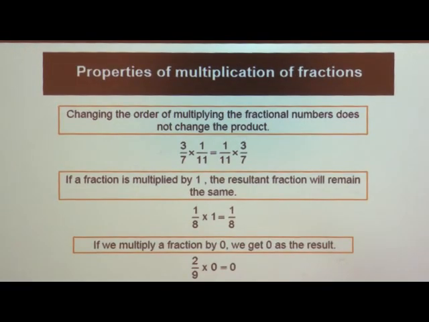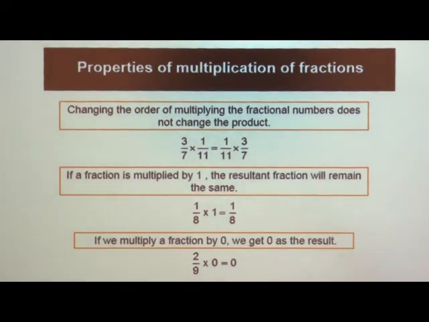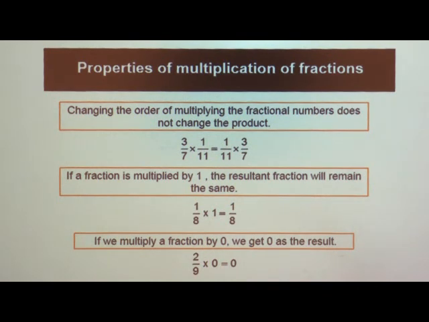Next we will see the properties of multiplication of fractions. One by one we will see the properties. Changing the order of multiplying the fractional numbers does not change the product. Already I had explained.